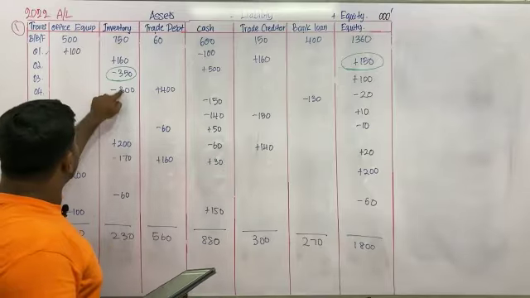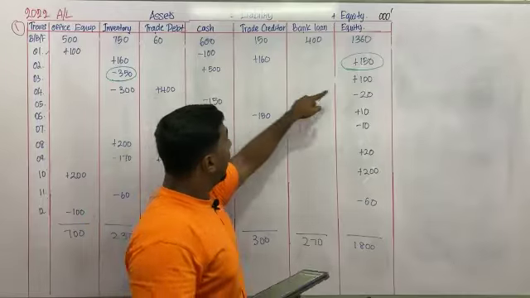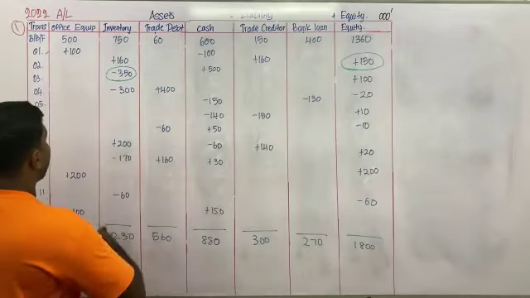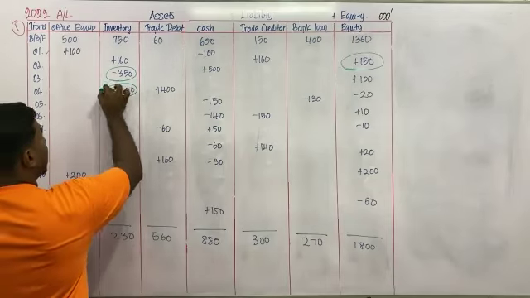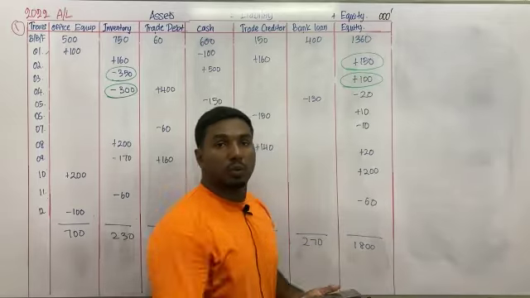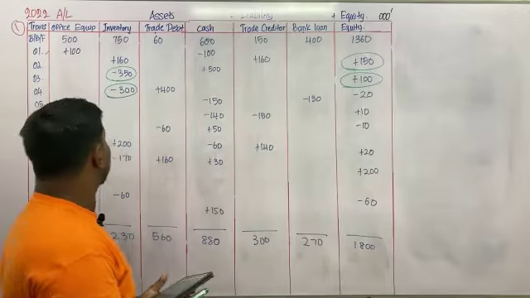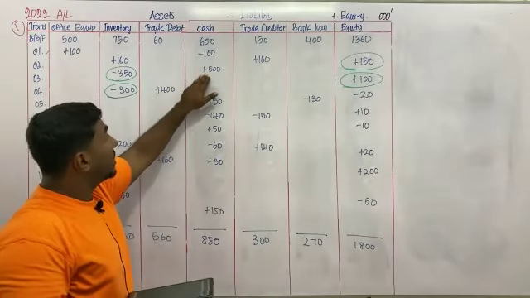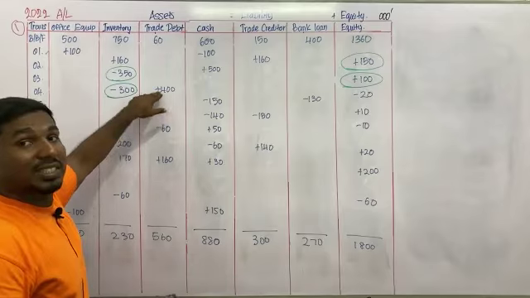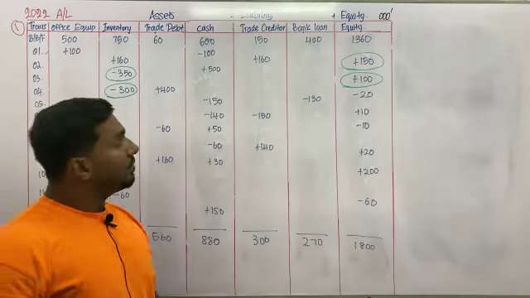Transaction number 4. Minus 300 in the inventory, plus in the trade debtors, and plus in the equity. Again, minus in the inventory and plus in the equity means this is also a sales transaction. If it is cash, that is cash sales. If it is a trade debtor, it is a credit sale. So what is your answer?